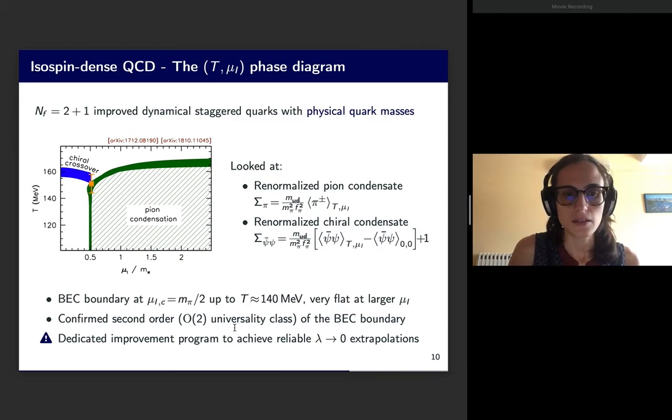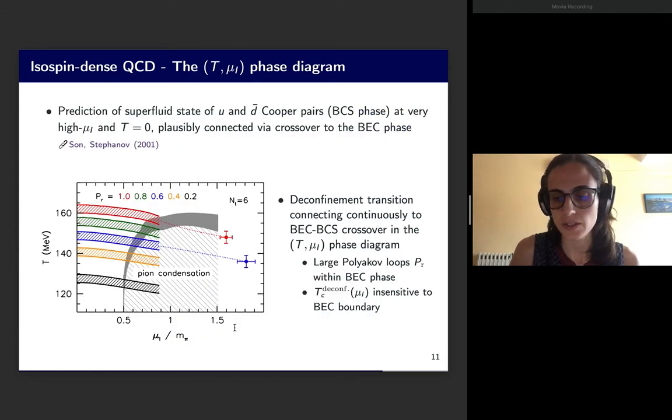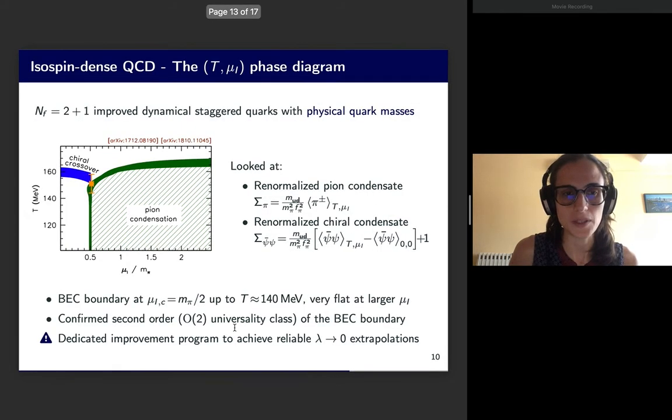As I said, the complicated part of this project is the lambda to 0 extrapolations, which I don't cover in this discussion. I would rather try to convince you that it is interesting to still look at this phase diagram, because at this point you might be asking, okay, hadn't you told us that there should be also a superconducting Bardeen-Cooper-Schrieffer phase in this phase diagram?